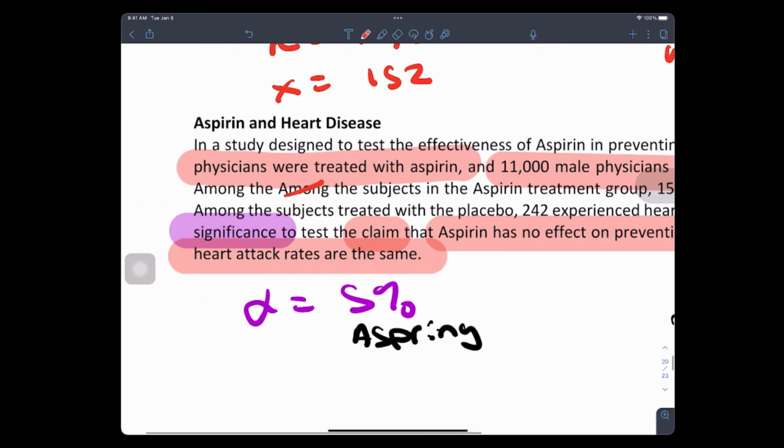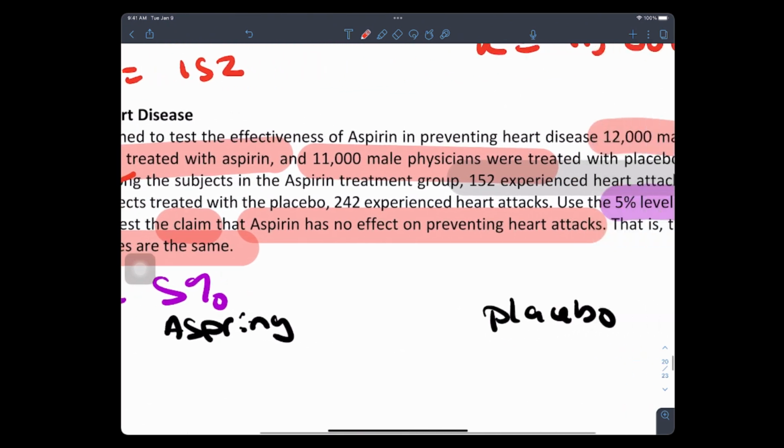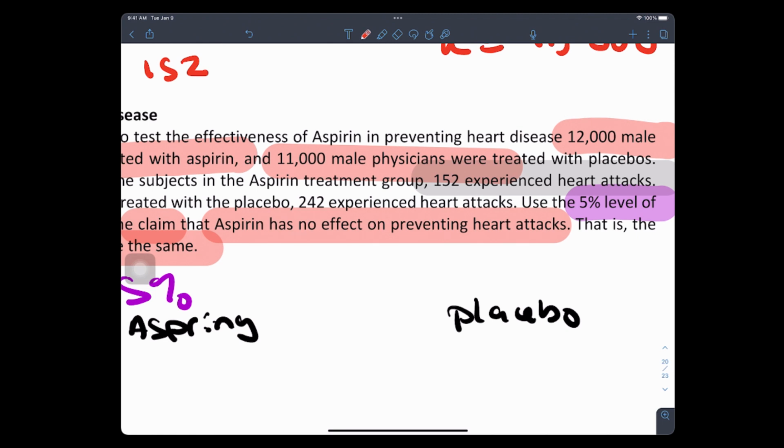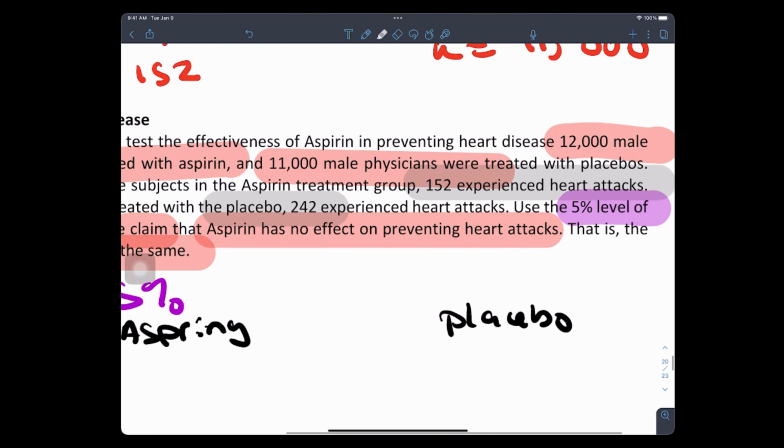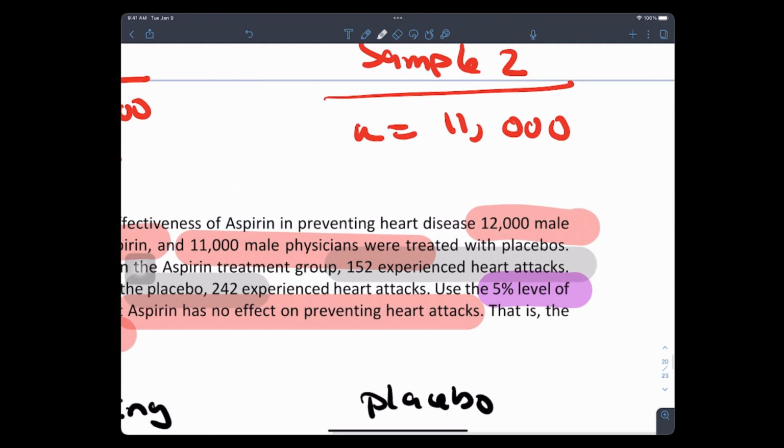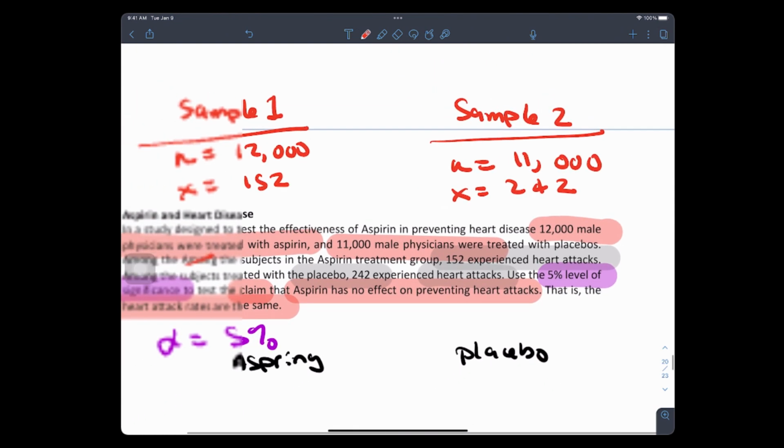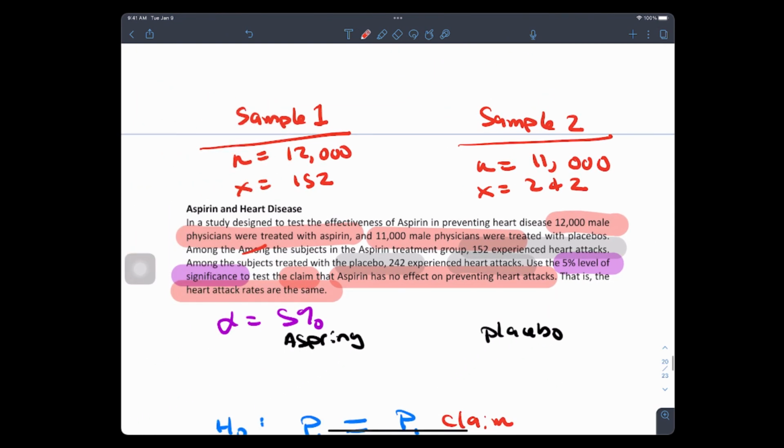Okay. Amongst the subjects treated with a placebo, what's the deal with the placebo people? 242 had what? Heart attacks. Okay. What do you guys think? Pretty good? The aspirin and the placebo groups.